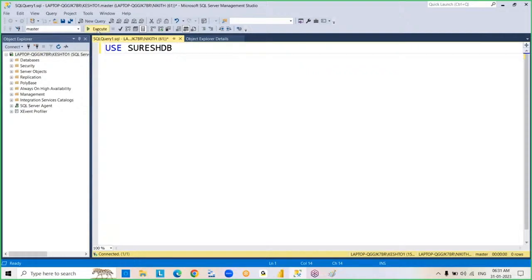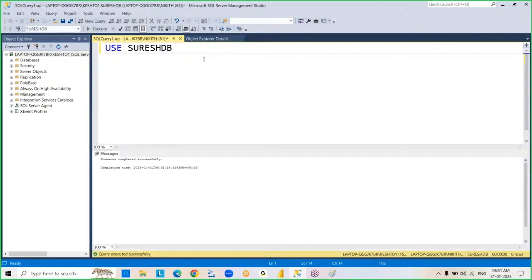Click on this. So what happened now? You connected to Suresh DB. After connecting to your database, perform the remaining operations.